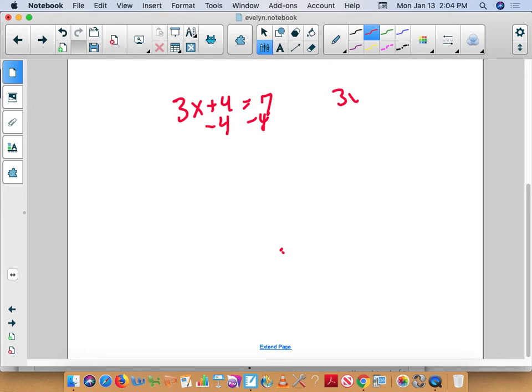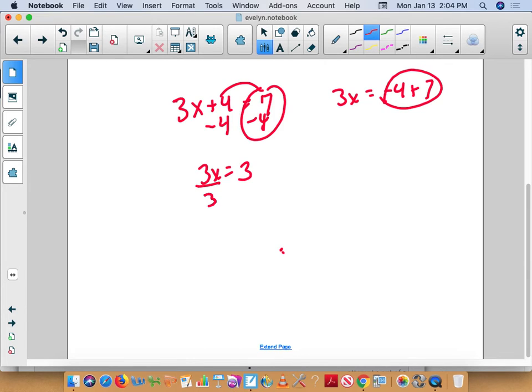So what you're seeing that we did the other day, that moves over here. Either way I look at it, I'm going to get 3 on that side. So now I have 3x equals 3. And now what I need to do, Maria, is divide, because now it's multiplied. So I'm going to divide by 3. And it just cancels.